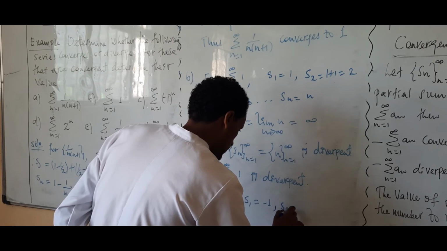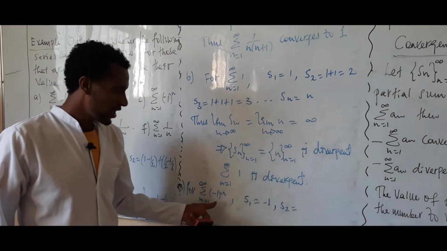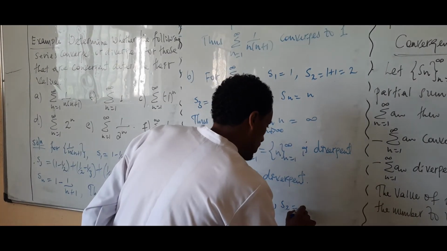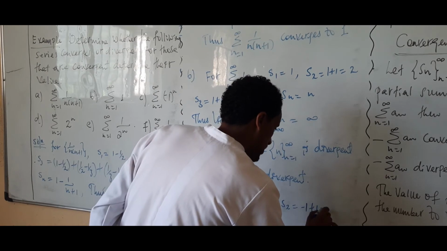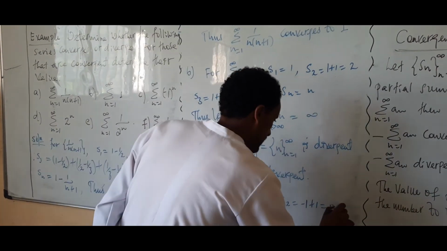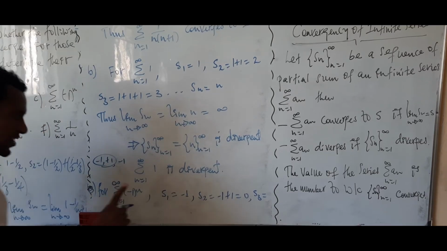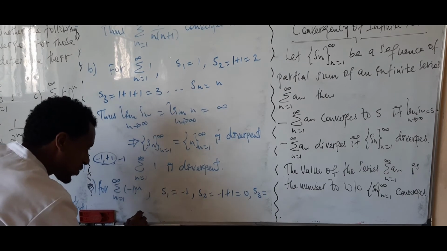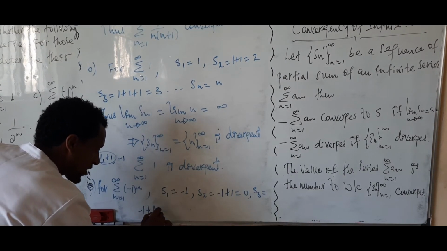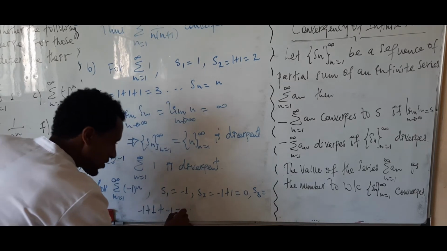S2 is equal to minus 1 to the power of 1 plus minus 1 to the power of 2, which is minus 1 plus 1, that's equal to 0. S3 is equal to A1 plus A2 plus A3, that's equal to minus 1 plus 1 plus minus 1, that's equal to minus 1.